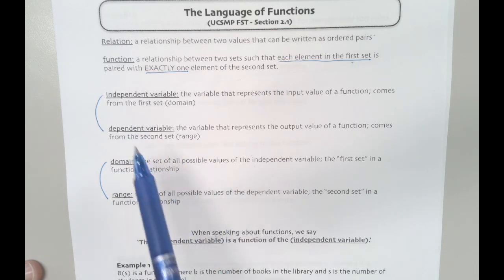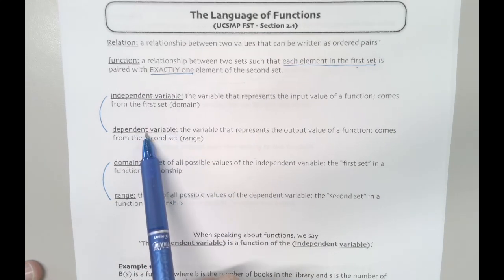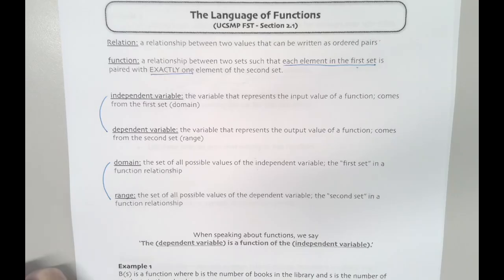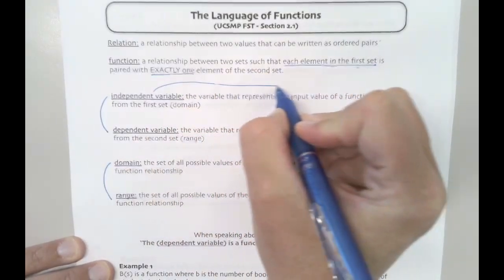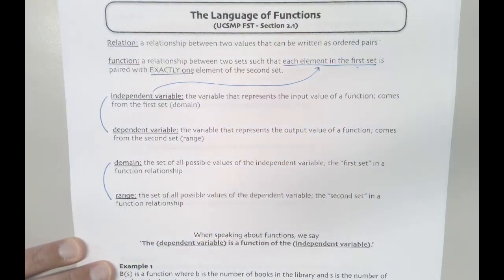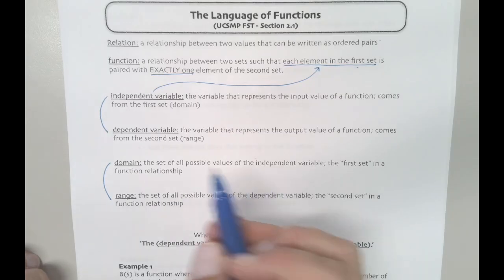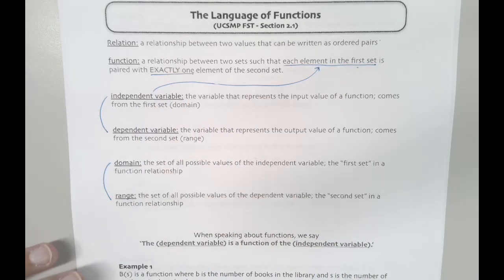Or class period and class average, all right? So the variables are like, what do these letters represent, okay? The independent variable is that first set that we were talking about, okay? Which is why we always say, oh, it's the X's, right? And the dependent variable would be that second set, the group that you're pairing up to.